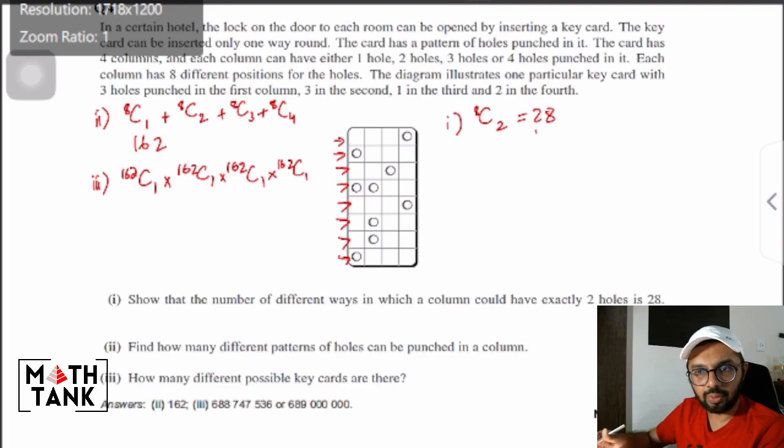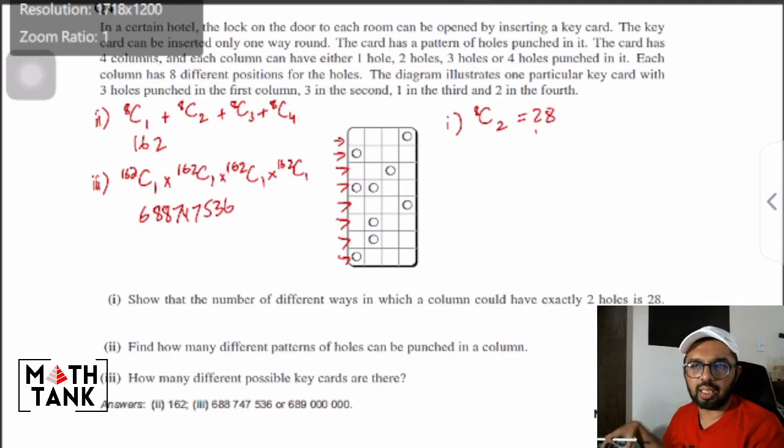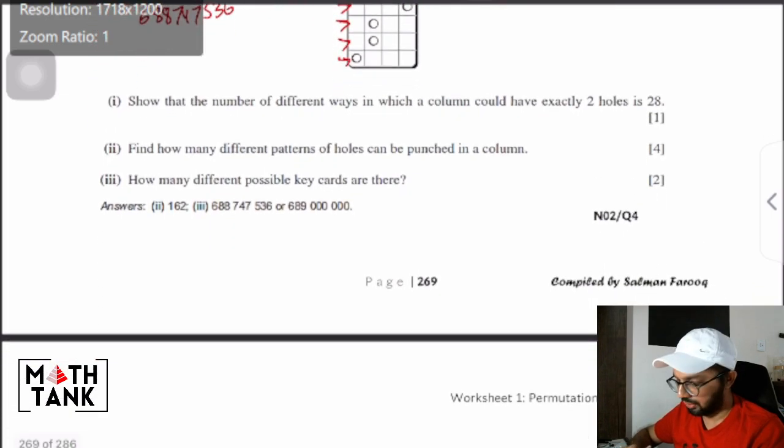On the other hand, in the previous part, the event got completed when one column got punched. So 8C1, one column got punched, 8C2, another column got punched, and so on. If I do this, I get 162C1 is 162, and 162 to the power 4 gives me 688,747,536. You could write that, or you could write it correct to 3 significant figures. That's up to you. Okay, this question was from November 2002, question number 4.